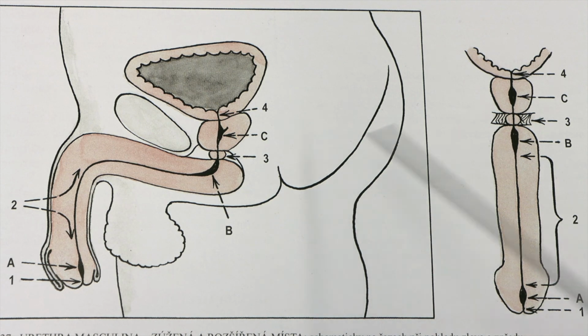Also at the level of the colliculus seminalis, in the prostatic part, the cross section of the lumen of the urethra is a curved shape. So this is about the different parts of the urethra and the narrowing and widening places, which is very important.